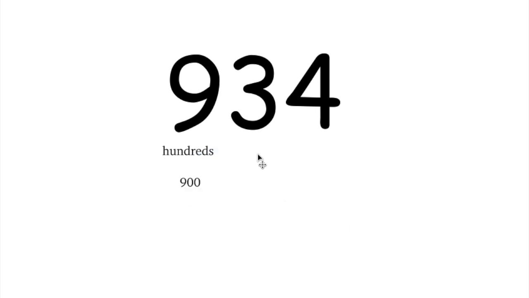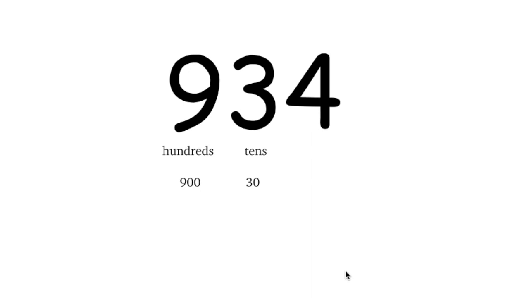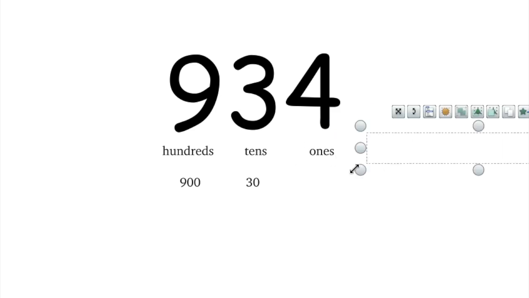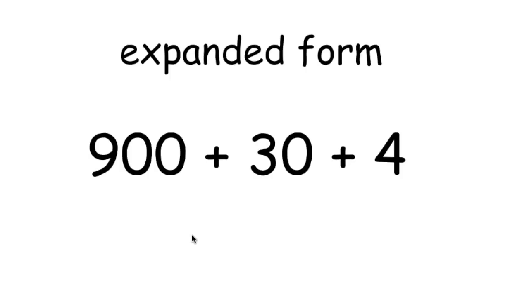And this 3 is not just a 3, it's in the tens place and represents 30 or 3 tens, 10, 20, 30. And last but not least, this 4 is in the ones place and does represent simply 4 of something. Now we can show that in expanded form by adding all of the place value amounts together. So instead of 934, we have 900 plus 30 plus 4.